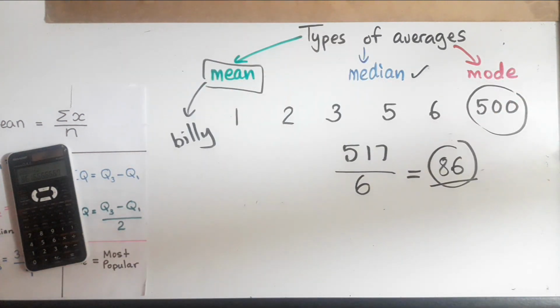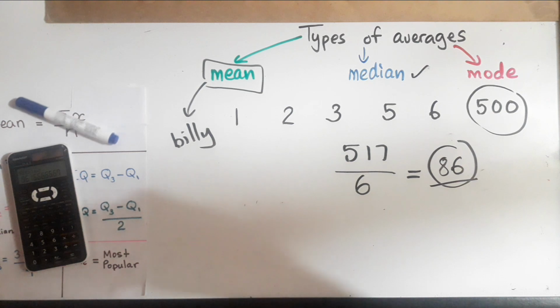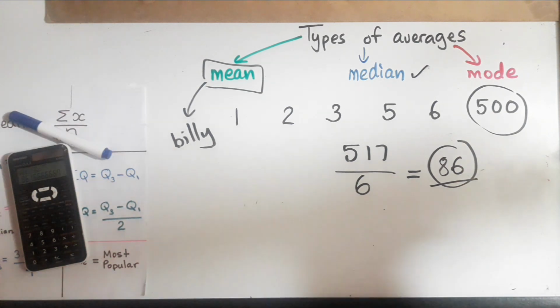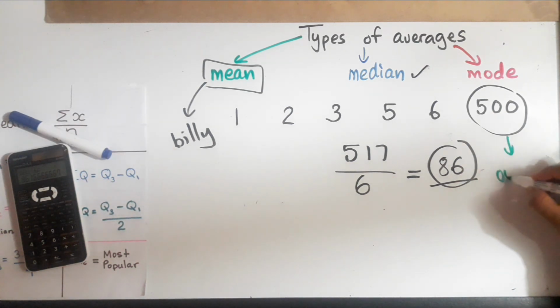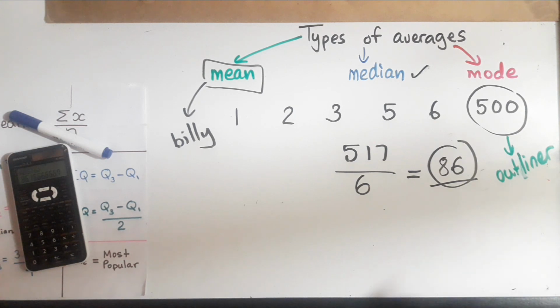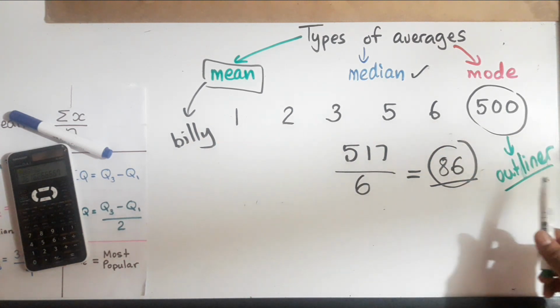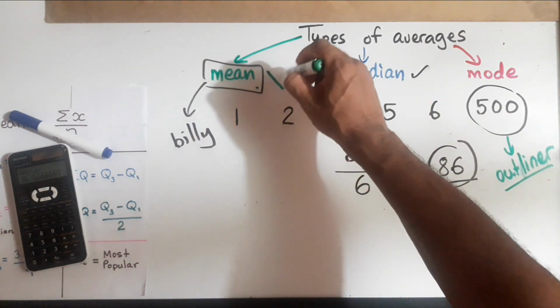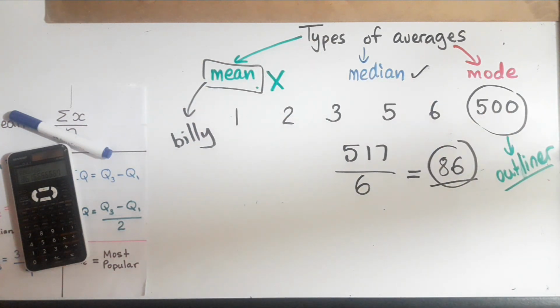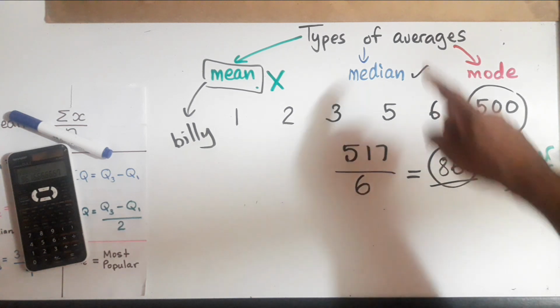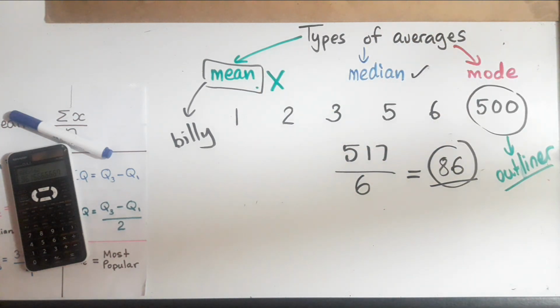Whenever you have a value that's out of the way like that, you call it an outlier, right? And anytime you have an outlier in data or information, mean is not a good method of finding or expressing the average. So in the exam, if you see an outlier, do not choose mean.